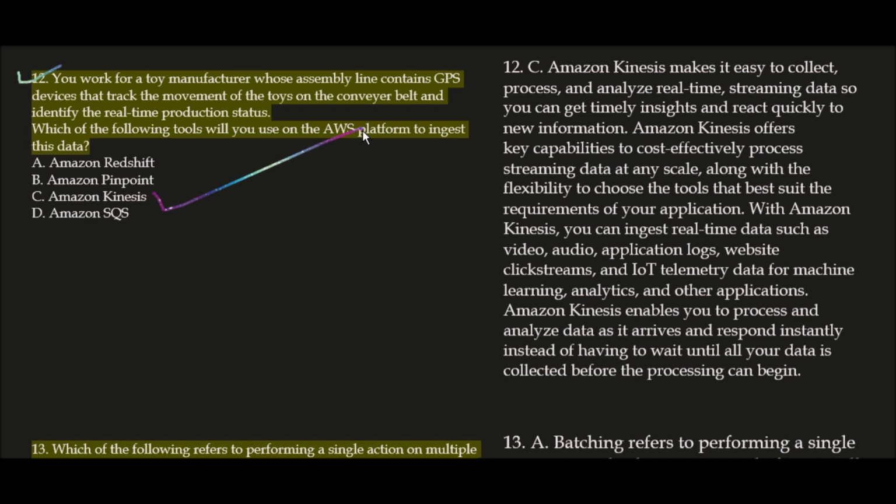With Amazon Kinesis, you can ingest real-time data such as video, audio, application logs, website click streams, and IoT telemetry data for machine learning, analytics, and other applications. Amazon Kinesis enables you to process and analyze data as it arrives and respond instantly instead of having to wait until all your data is collected before the processing can begin. Okay, correct answer of this question is option C, Amazon Kinesis.